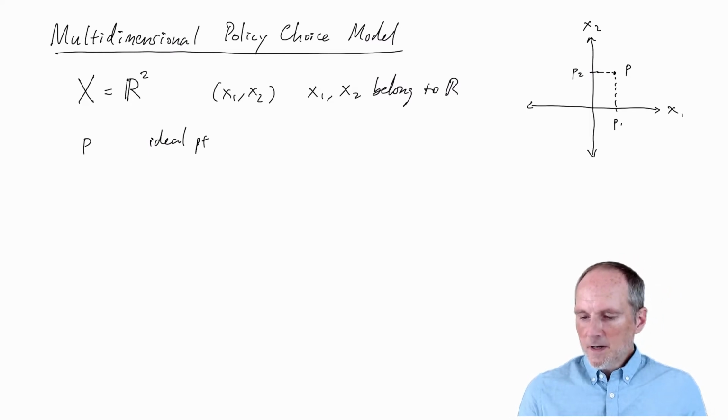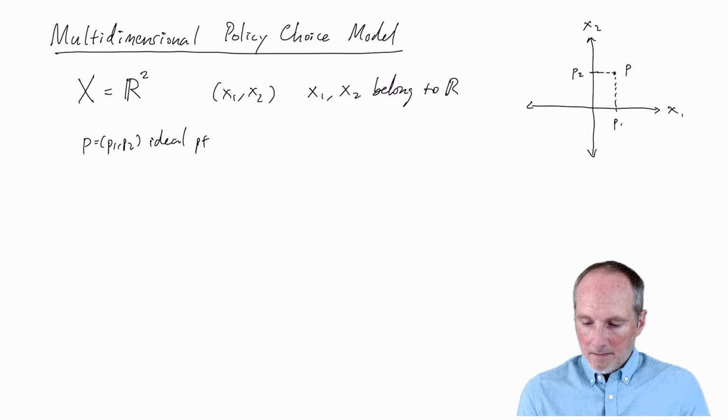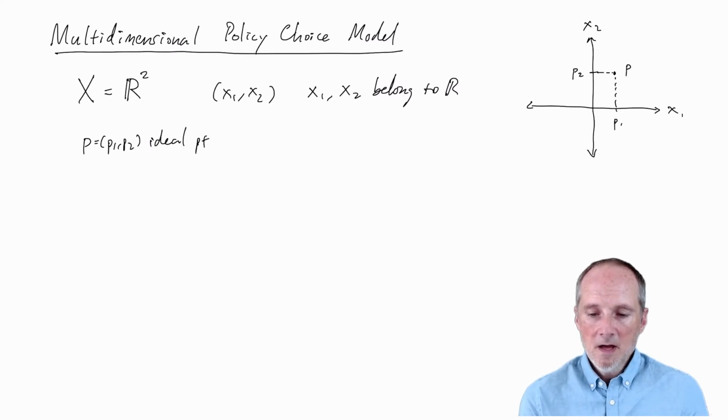You can think of P1 as being the politician's ideal position on the first issue, and P2 is the ideal position on the second issue. All right, that's an ideal point, but now how do we think about the politician's preferences? As in the one-dimensional model, I'm going to assume that the politician just likes policies that are closer to his ideal point. So what does closer mean?